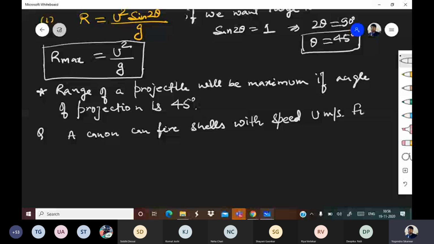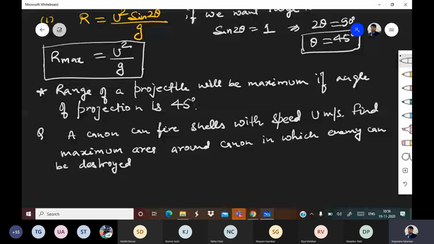Find the maximum area around the cannon in which an enemy can be destroyed. Okay, please solve.